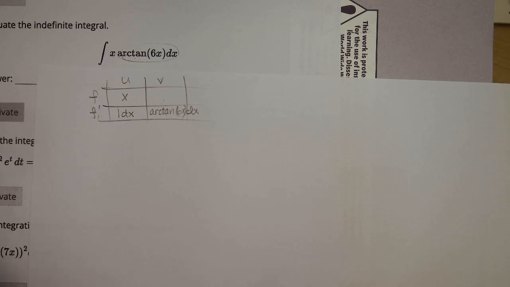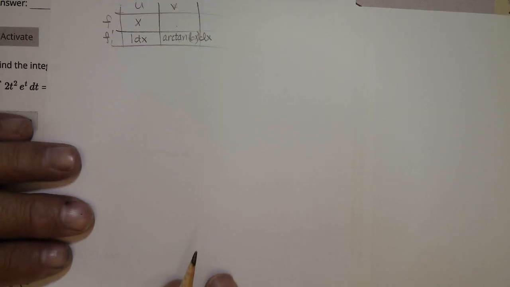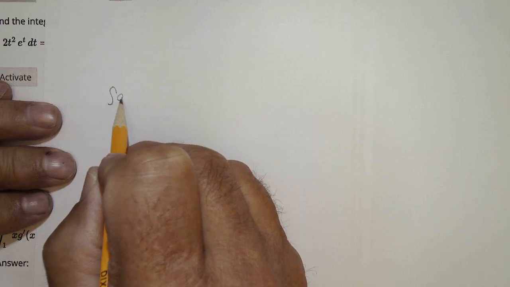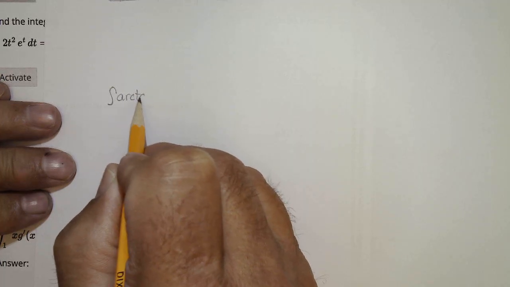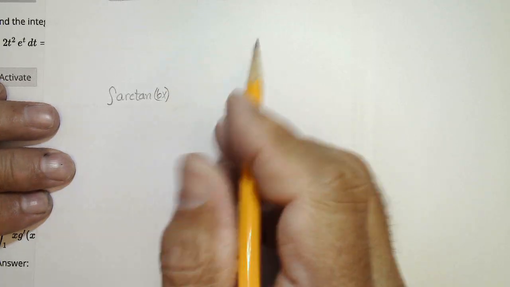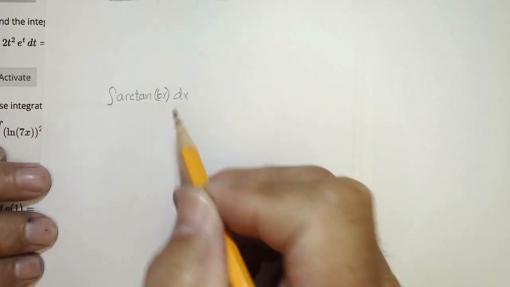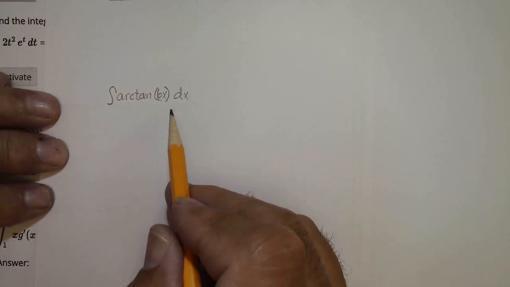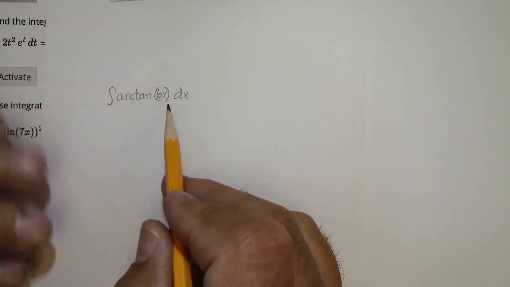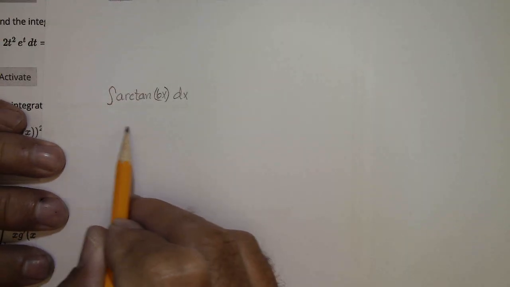So that is a substitution problem. So we're going to go off to the side and try to figure out the antiderivative of arctangent 6x. All right, not substitution, but this is an integration by parts separate problem.